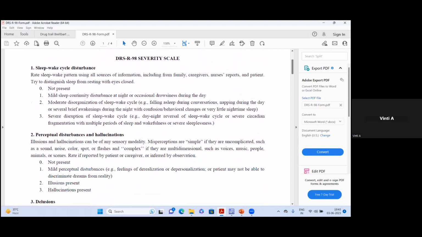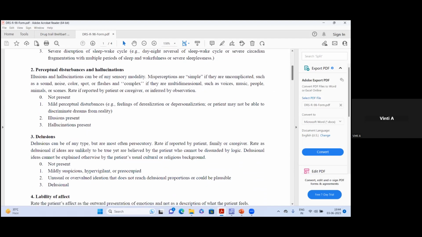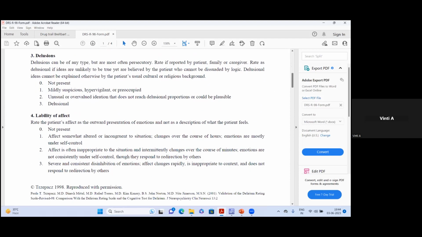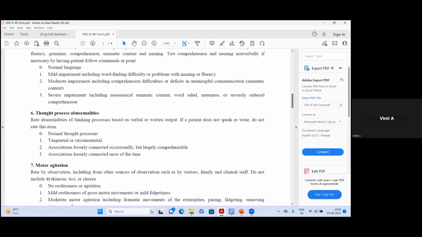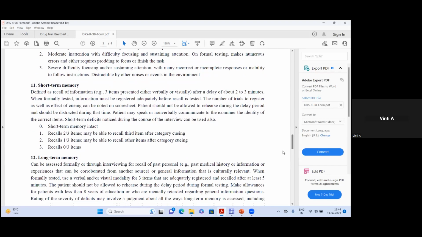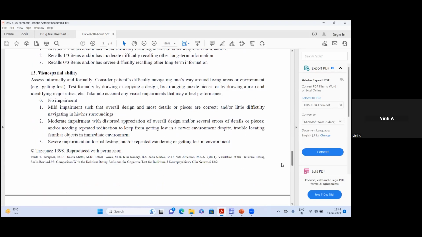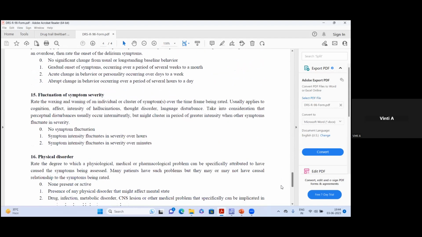Here you can see, to design this construct of a delirium scale, these are the measures that they have used: sleep-wake cycle disturbance, perceptual disturbance and hallucinations, delusions, lability of affect, language, thought process abnormalities, motor agitation, motor retardation, orientation, attention, short-term memory, long-term memory, and visuospatial ability, temporal onset of symptoms, fluctuation of symptom severity, physical disorder.